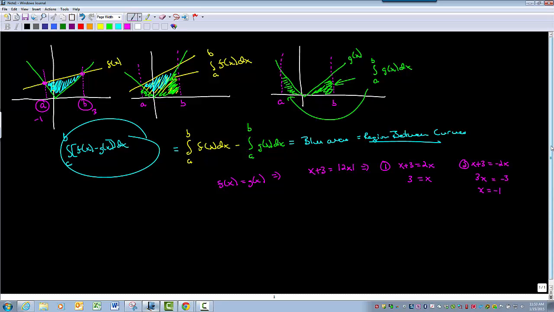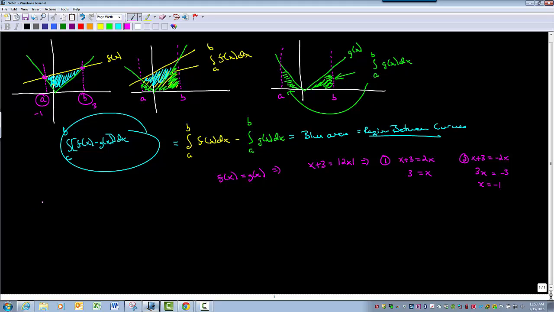So what do I want to find? Well, I'm looking for the integral from negative 1 to 3 of f of x minus g of x dx. Here's the problem with this one though: g of x is defined differently on both sides.